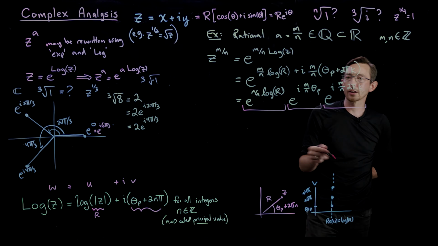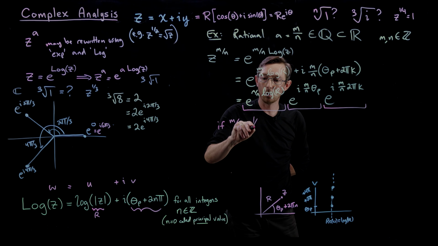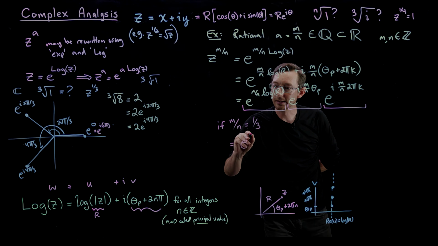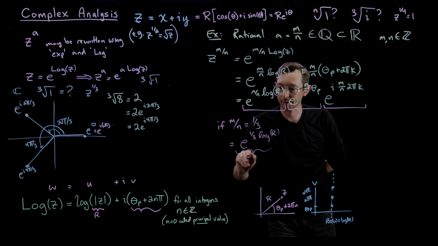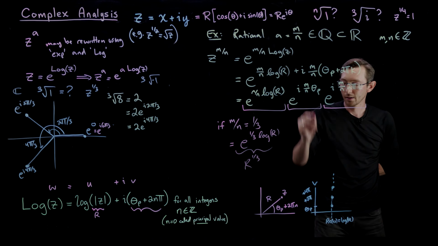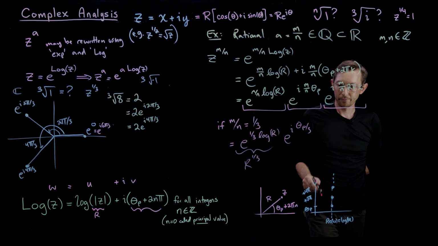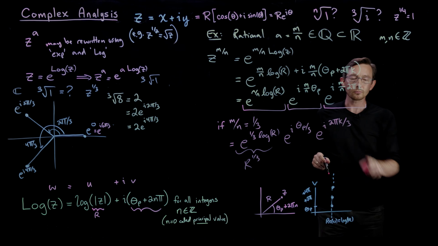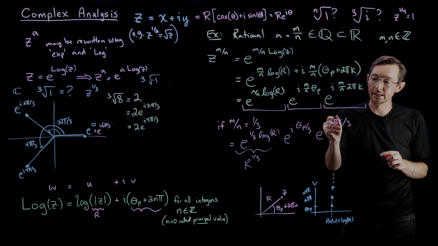So, for example, if m over n equals 1/3, then this would be equal to e to the 1/3 log of r, which is the same as r to the 1/3. This would be e to the i theta p over 3. And this would be e to the i 2 pi k over 3. And what I claim is that there are 3 unique values of k where this is unique.